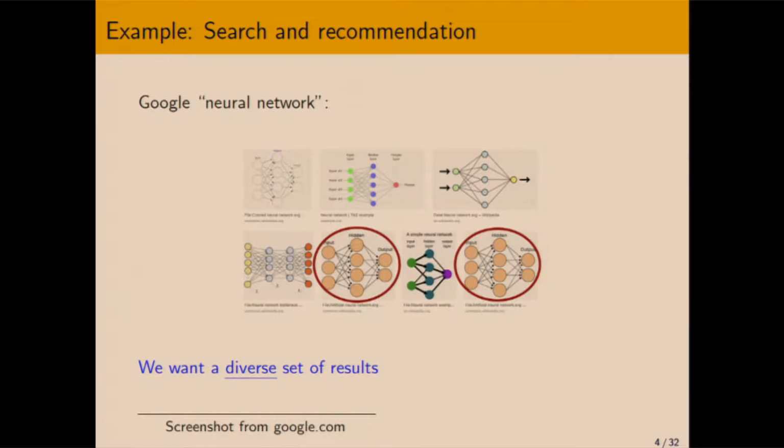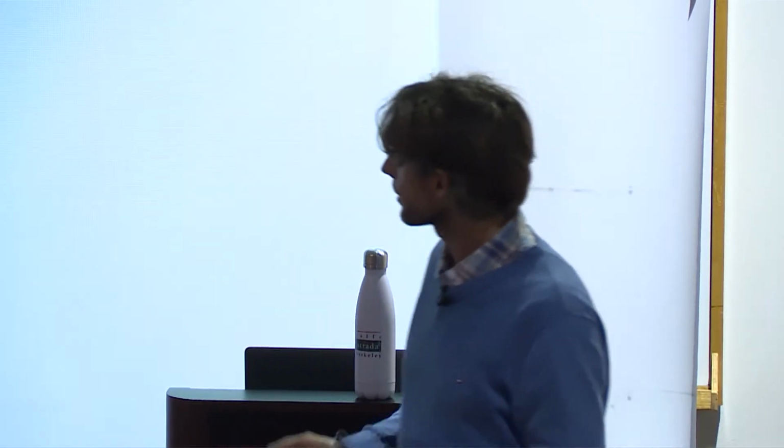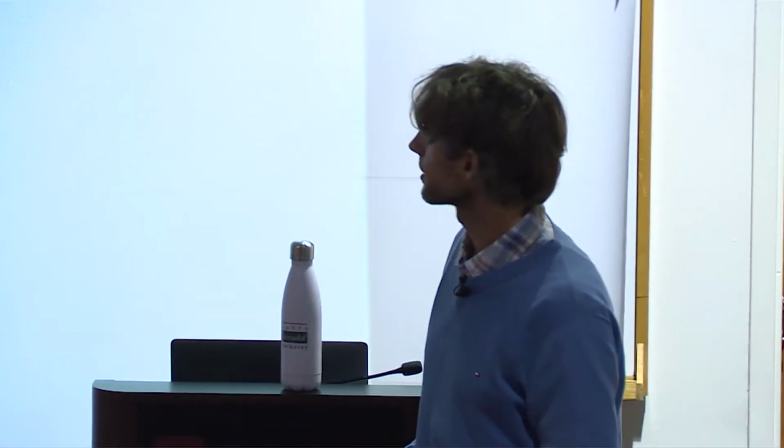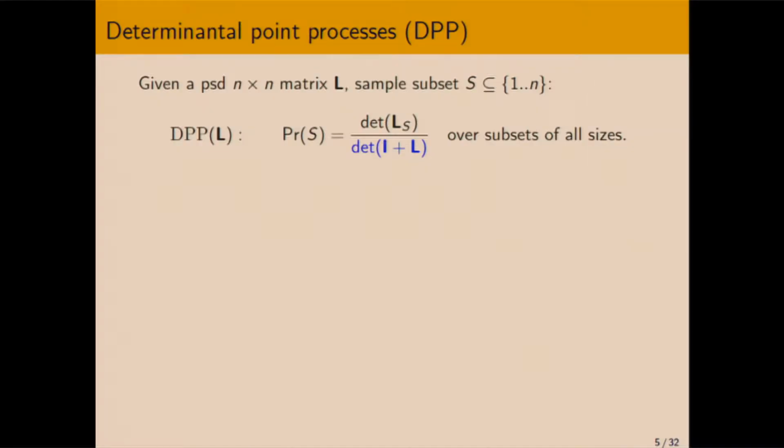It turns out one way to capture diversity that has been recently studied in the machine learning literature in particular is determinantal point processes. So let's just jump into a definition here. We define a determinantal point process via a PSD matrix L. It's an n by n matrix, and this defines a distribution over subsets of items from 1 to n.